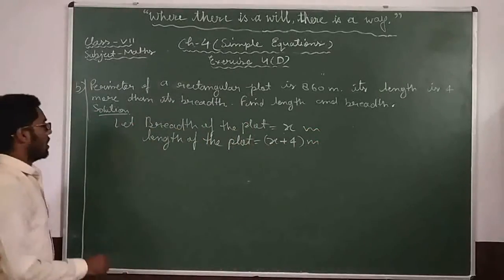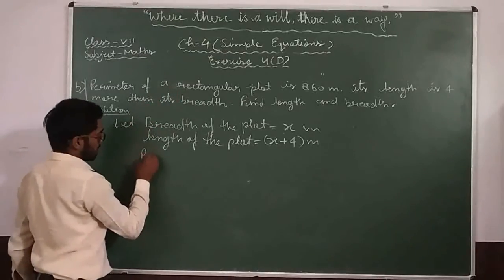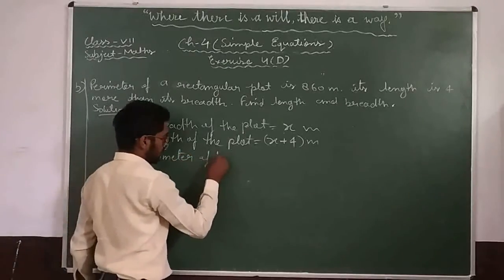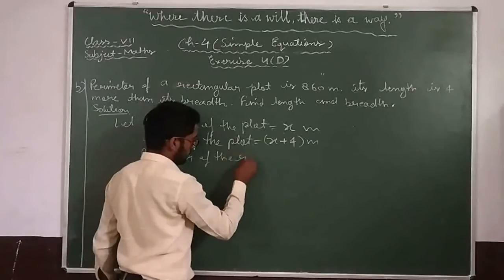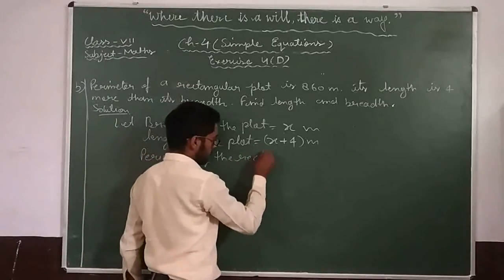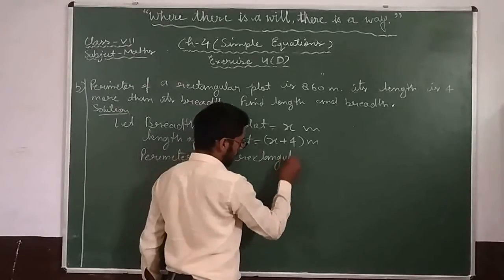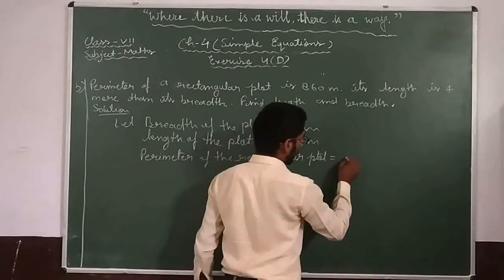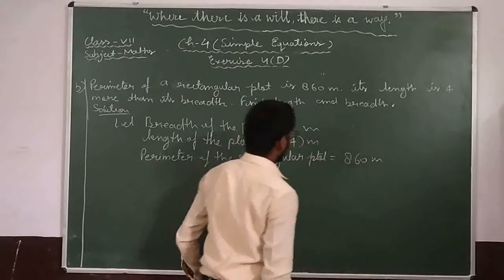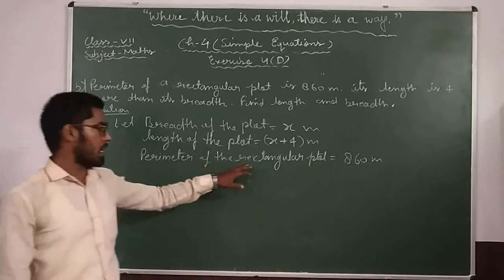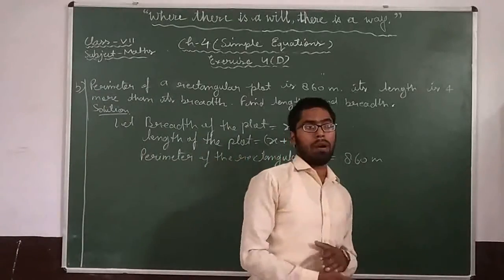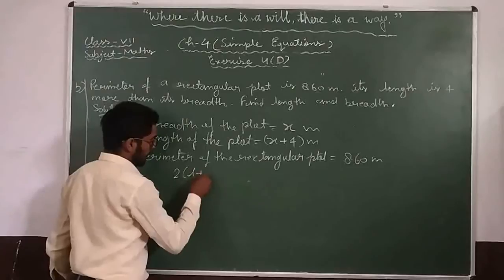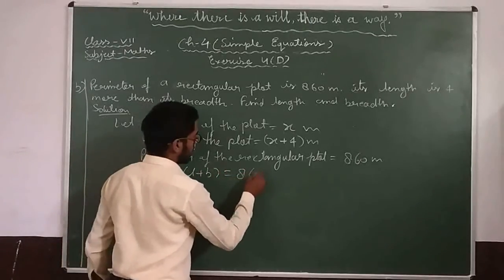Okay. Now the perimeter of the rectangular plot is equal to 860 meters. So since the plot is rectangular, it means you will use the formula of a rectangle. The formula means 2(L + B), that is equal to 860.